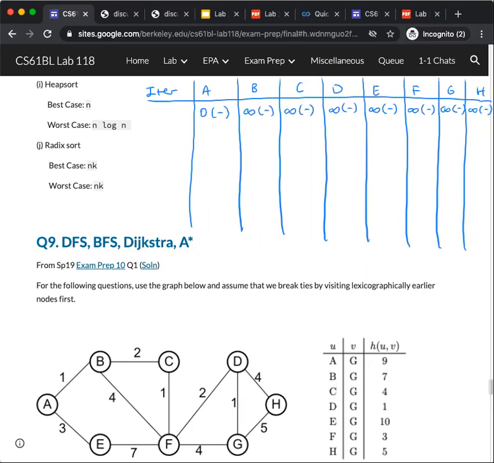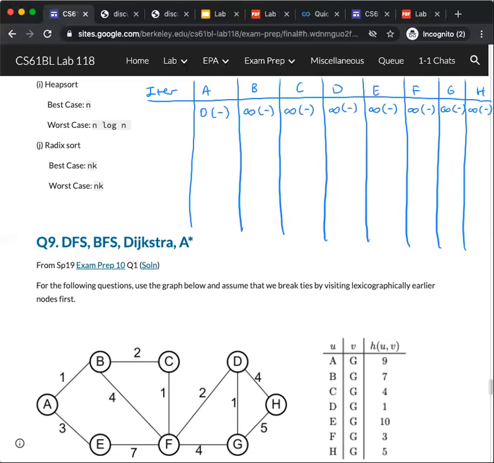The reason it's infinity is that if it wasn't, we would never be able to update any of these shortest path distances, because we only update when we have a better shortest path distance. If we had negative infinity, that's the smallest you could ever get. In fact, you can't have any negative distance, it doesn't make sense, but theoretically, if you initialized negative infinity, you would never update anything.